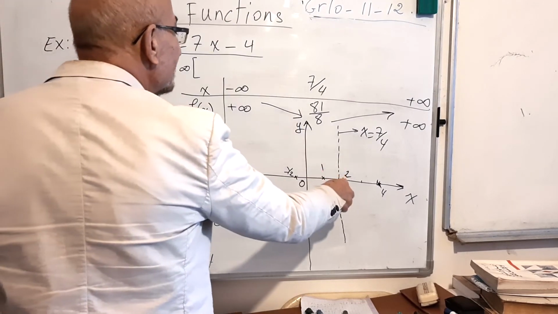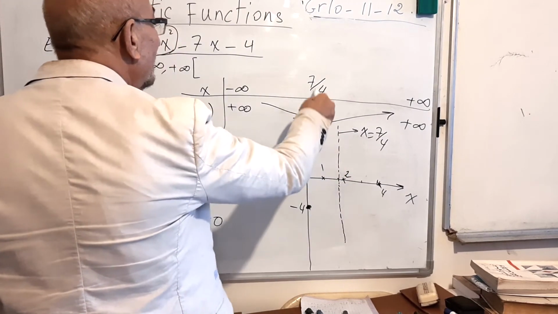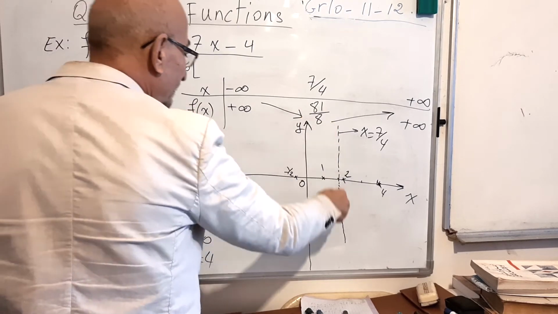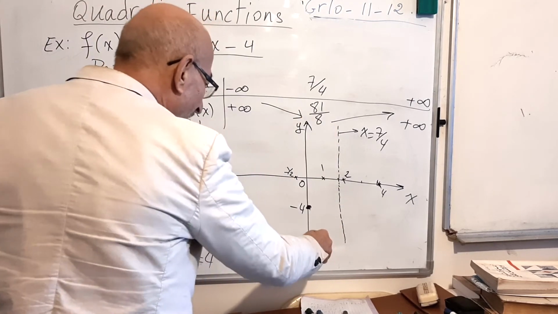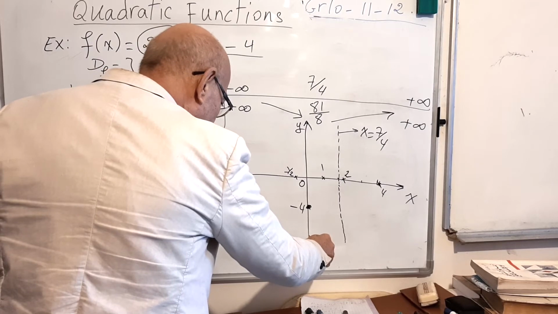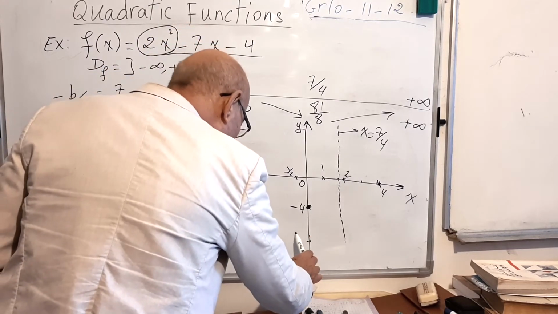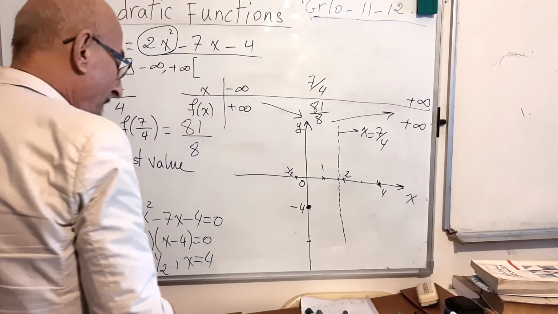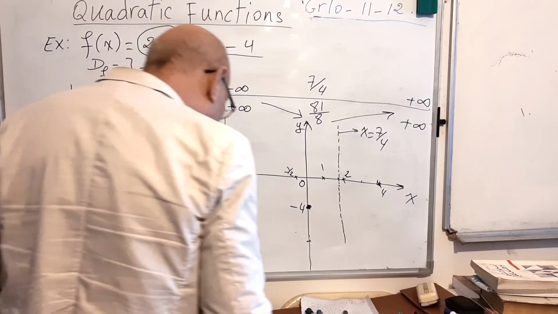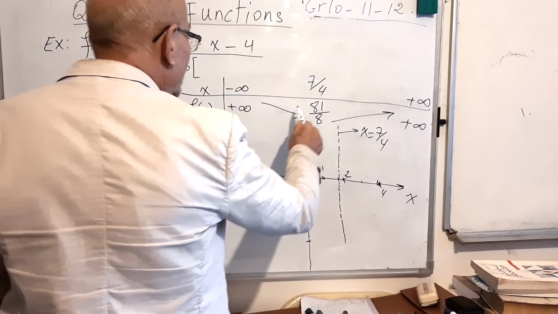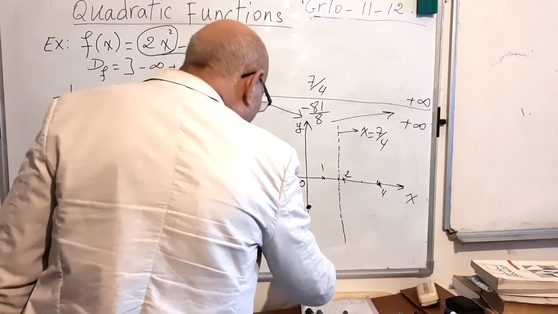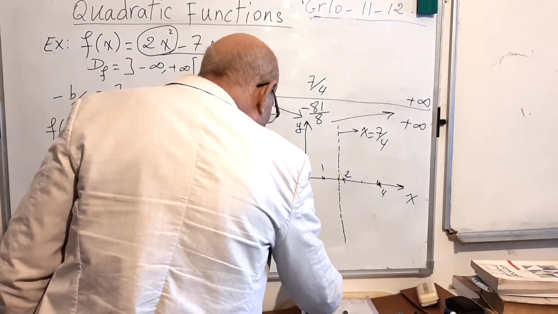For x equals 7 over 4, y equal minus 81 over 8.